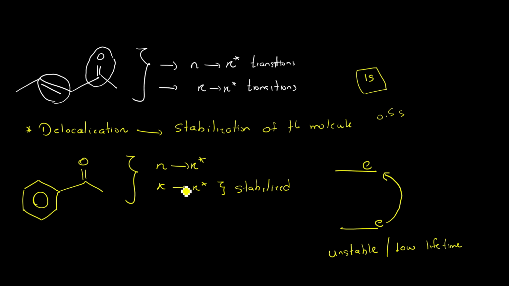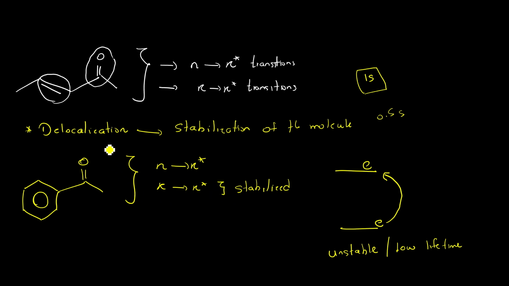So when you have these two types of transitions, the one that is more stabilized will have a higher lifetime. The reaction would be much more feasible on that particular pathway because it has more time to react on that transition.